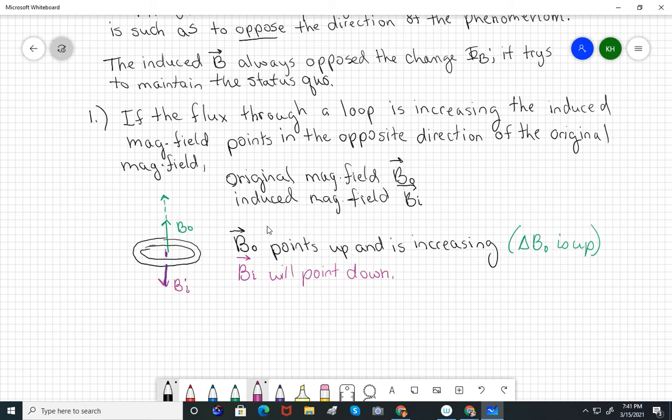So what direction will the current go? Well, take your right hand, point your thumb straight down, and you can see that the current must go this way. I is clockwise when viewed from above.